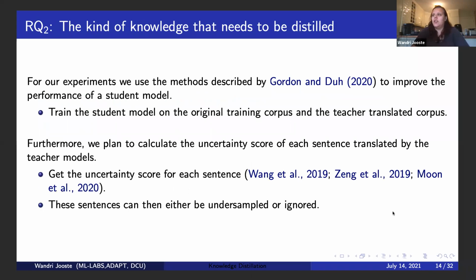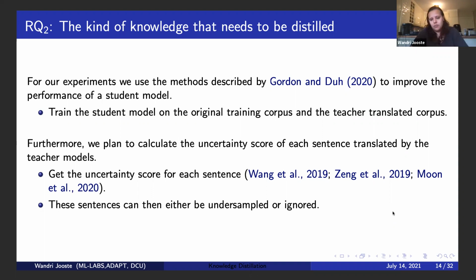In terms of the knowledge that needs to be distilled, we did what Gordon did in their paper to improve our student models. You do this by training the student on the knowledge distilled training set combined with the original training set that the teacher was trained on. This greatly improved the performance of our student models.